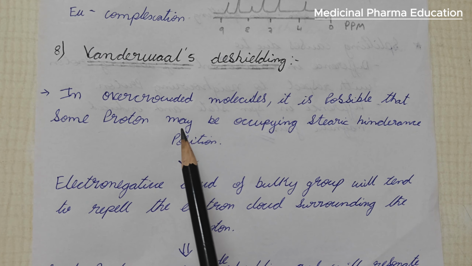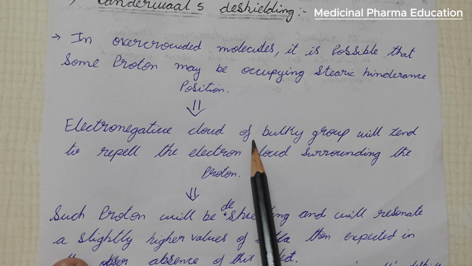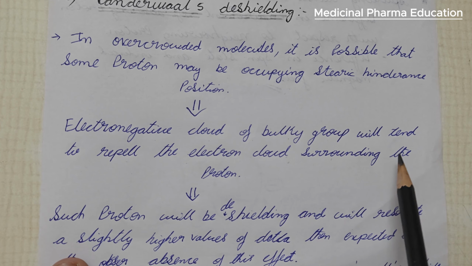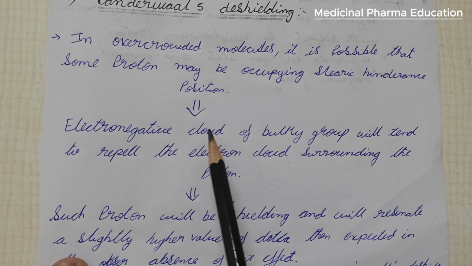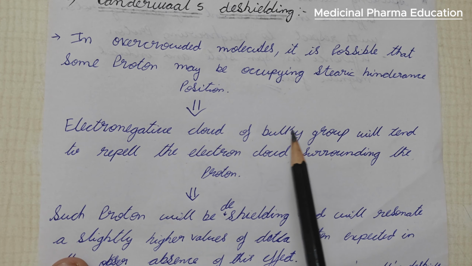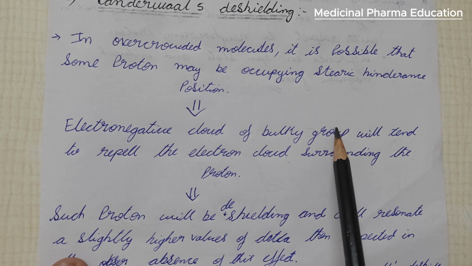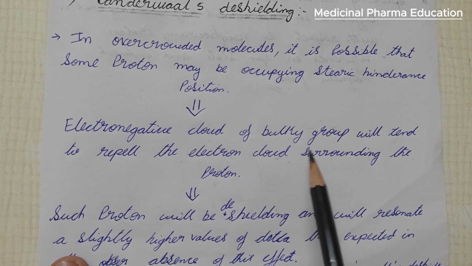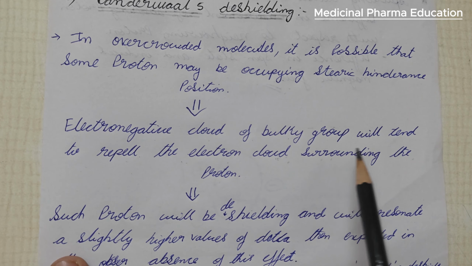The electronegative cloud of bulkier groups will tend to repel the electron cloud surrounding the proton. This electronegative cloud will repel the electron cloud of the protons.